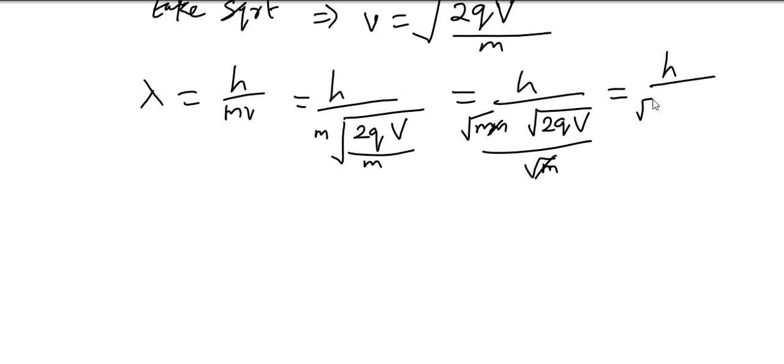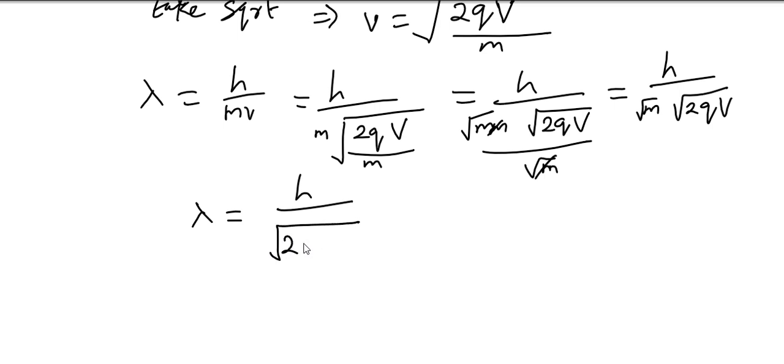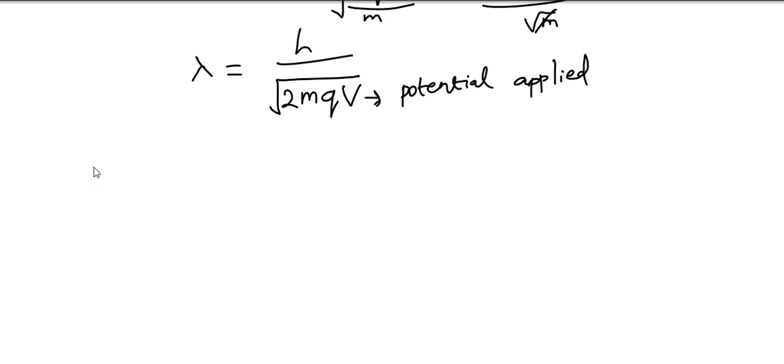So if you cancel them, you will get root m, which gives h by root m into root of 2qV. Lambda is equal to h by, you can combine them, so root of 2 m q and V. So this one is not the velocity of the particle, this one is the potential difference applied across the electrodes.